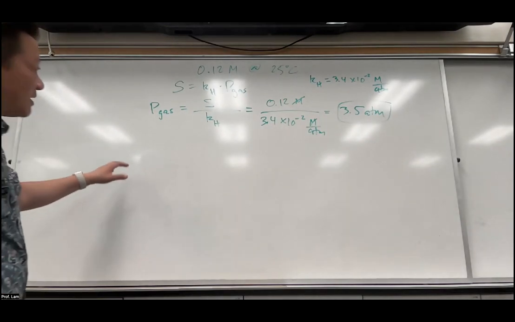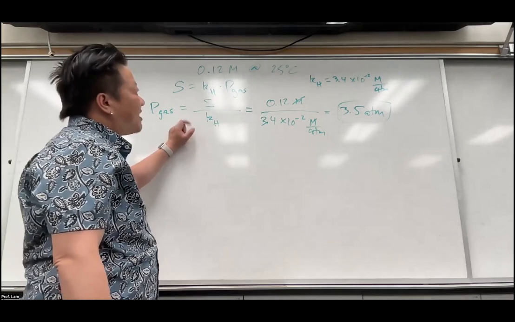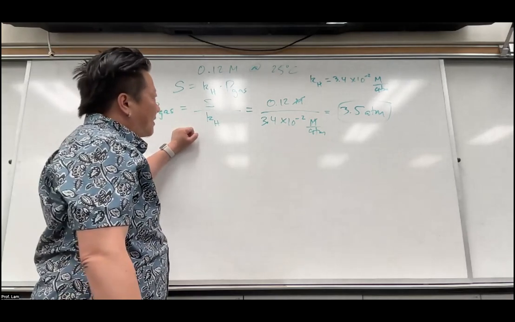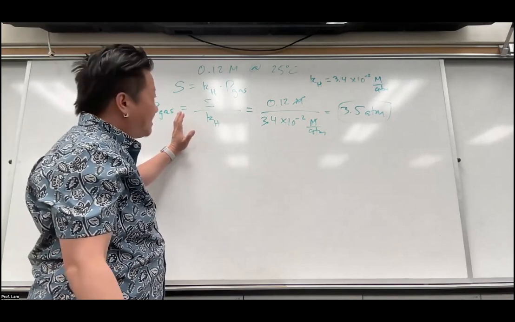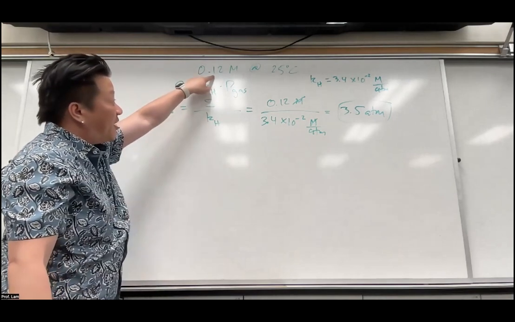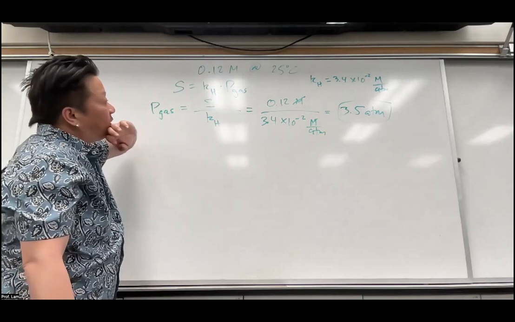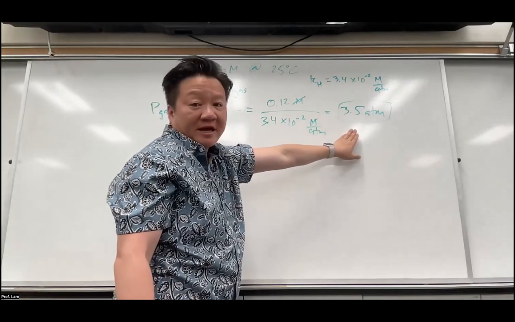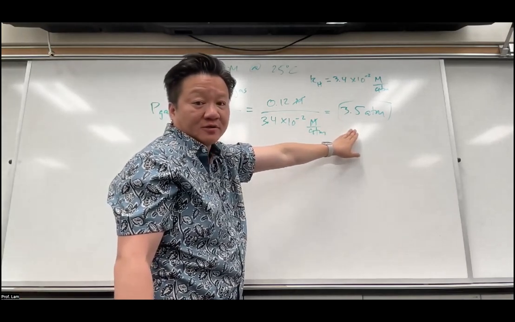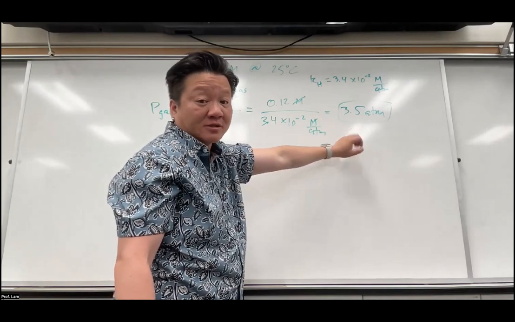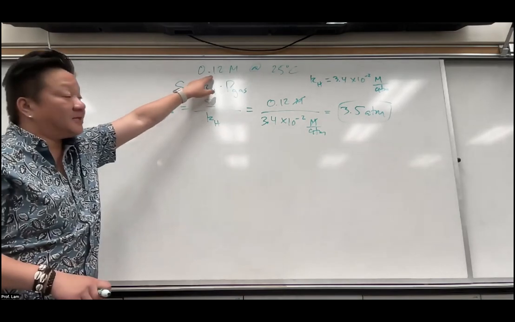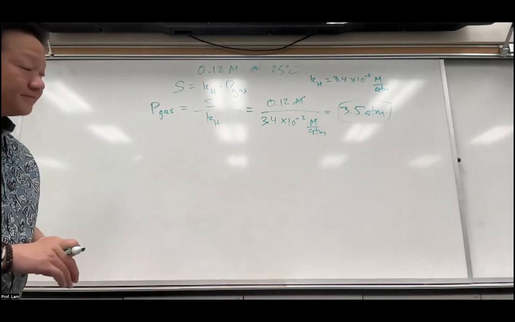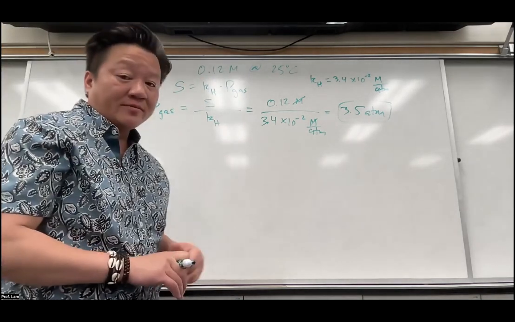All right. So what are we saying? Well, in order to get this club soda to be fizzy and to have this molarity, this solubility, we need to put 3.5 atmospheres of CO2 into water, right? Into the solution. In order to get this solubility, which is quite a bit more than where we're at, right?